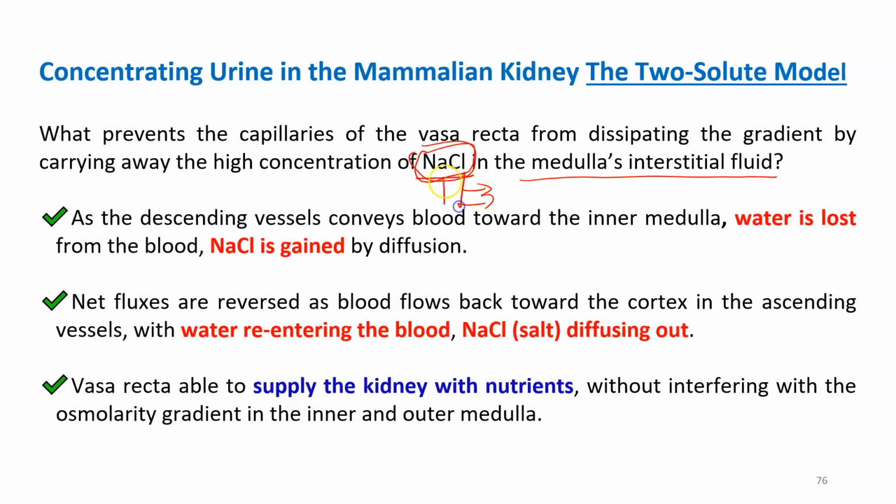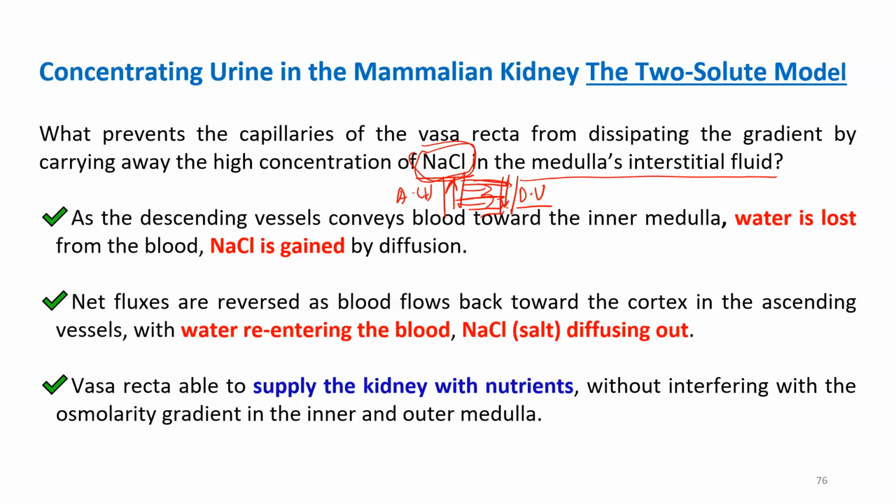Okay, ascending limb, fokus kepada ascending limb of loop of Henle, sodium chloride keluar. Bila dia sebelah dengan descending vessels of vasa recta, darah mengalir turun ke bawah kan. So sodium chloride akan ada tendensi untuk masuk dalam darah, dalam descending vessels.